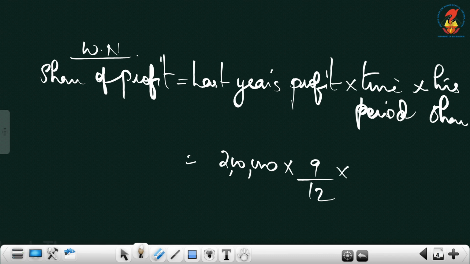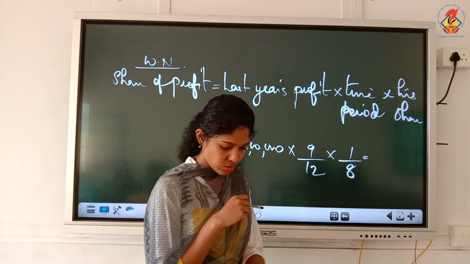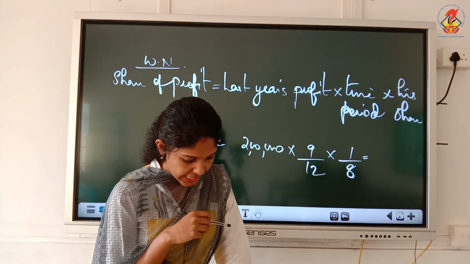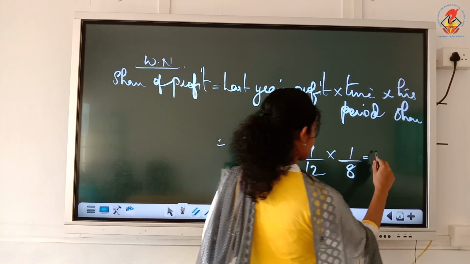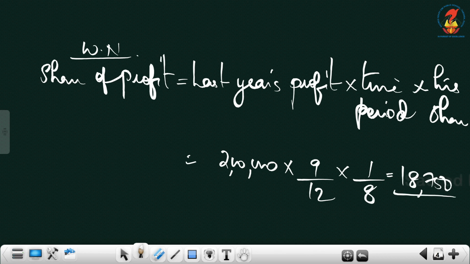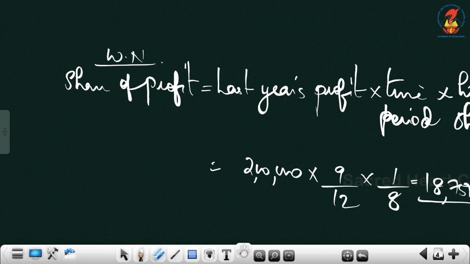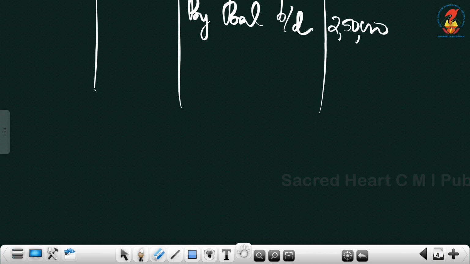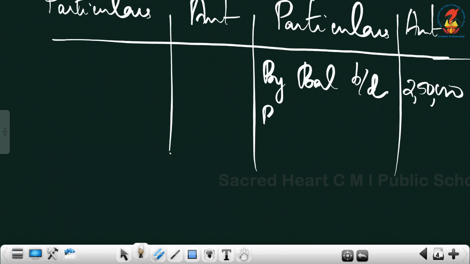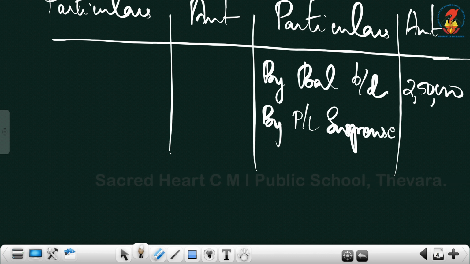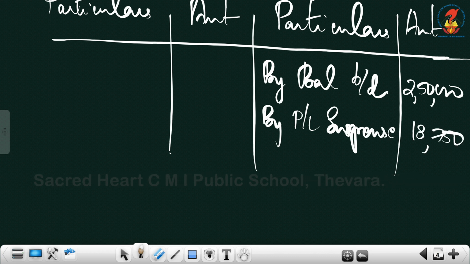Z's proportion is 1/8. So share of profit will be 18,750, which we can post as by P&L suspense account 18,750. Okay.